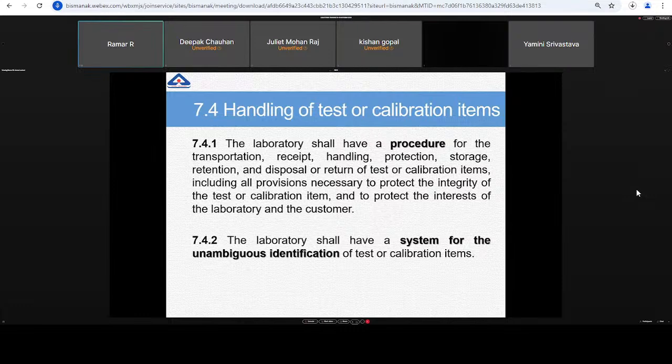For that, the procedure must address this, and the sample must be retained as per our requirement, our policy, our customer requirements, our regulatory requirements. So maybe samples after testing we may retain for 1 week or 1 month or 3 months or 6 months, depending on the requirements. Certain samples we may dispose immediately after testing.